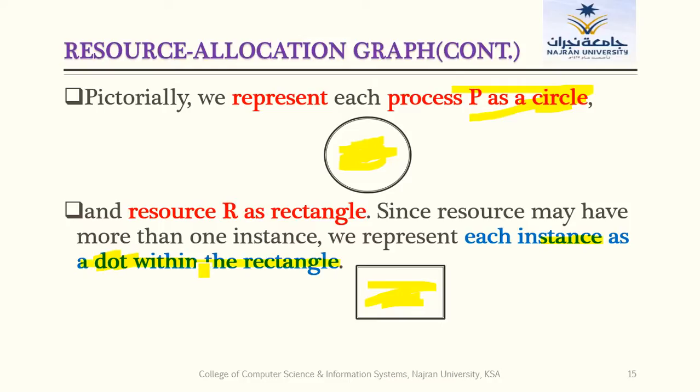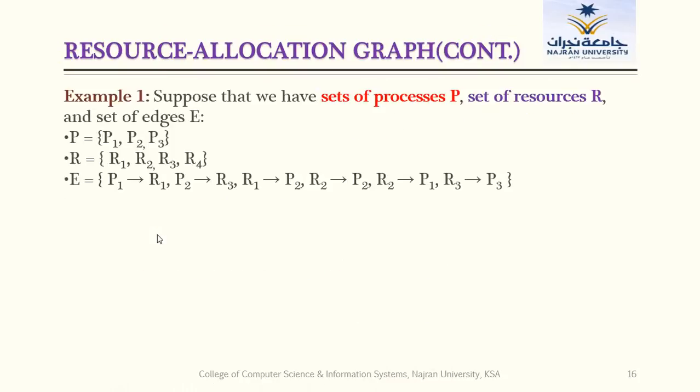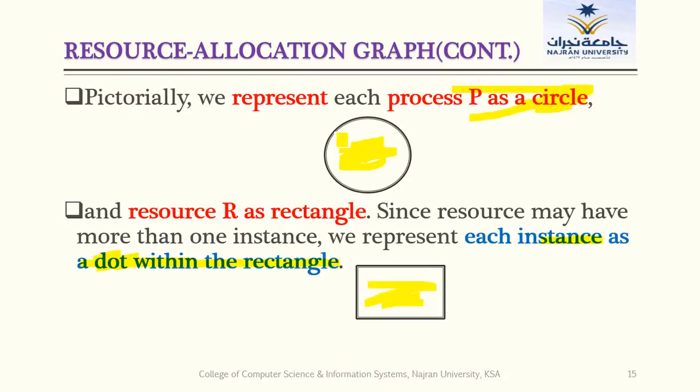We will solve some examples in the second session of this lecture, and you will see how we are going to make the resource allocation graph. The important thing here is that we represent a process in the resource allocation graph with a circle, and we use a rectangle for a resource, and we put a dot inside it to represent an instance of that resource.